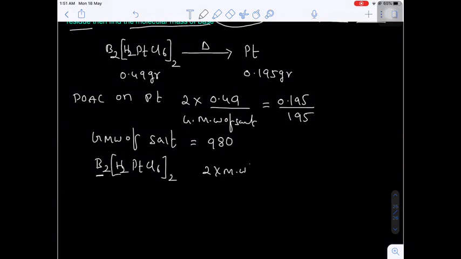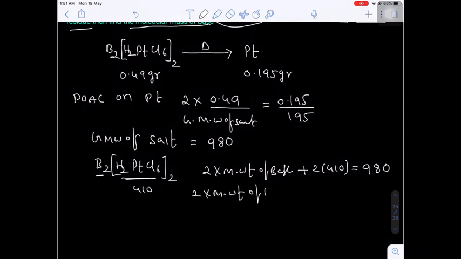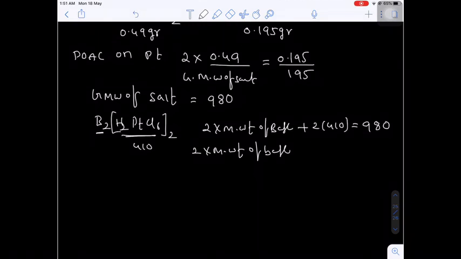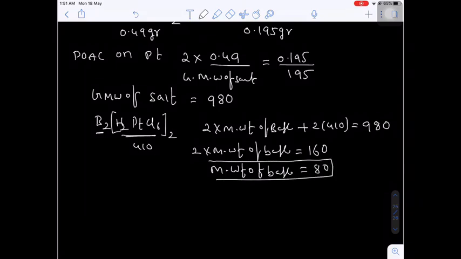So 2 into molecular weight of base, plus 410 into 2 times. 2 into 410 will be equal to 980. So 2 into molecular weight of base will be equal to 160. From here, molecular weight of base is equal to 80.